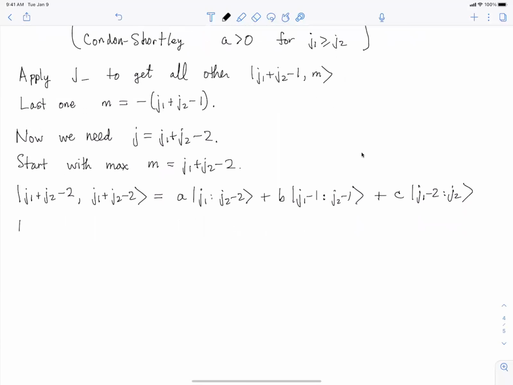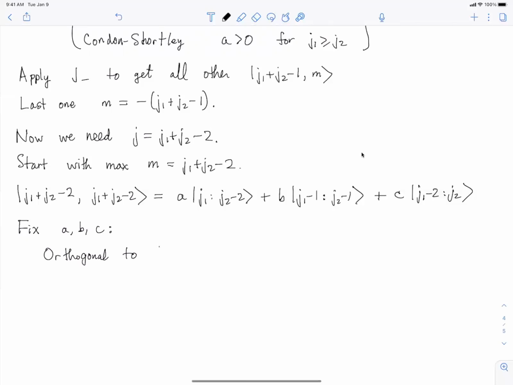So how are we going to solve for them? We're going to fix A, B, and C by the following conditions. First of all, these states have to be orthogonal to the states that we've already found with different eigenvalues for the complete set of commuting observables.